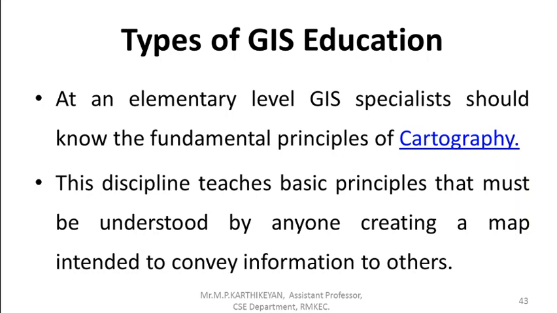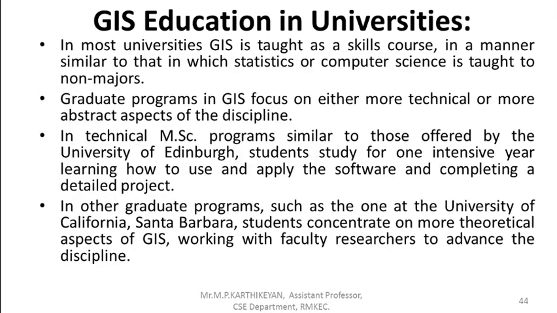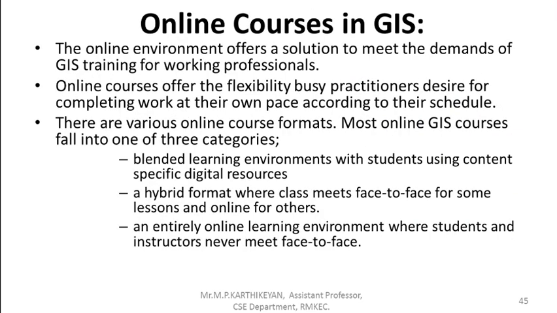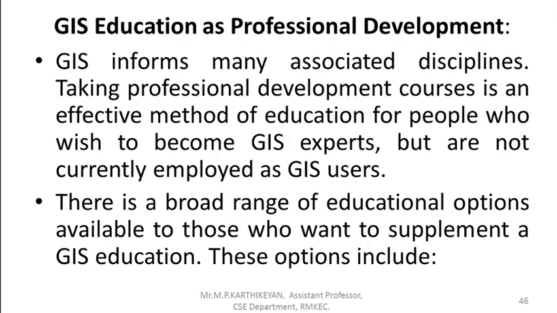Okay, so GIS education in the professional development process can also be taken into consideration as the various types of GIS education. So the types of GIS education are how the education of GIS has been implemented in universities, how it has been taken in some online courses, and how the education is given through professional development by the end users or the developers themselves.